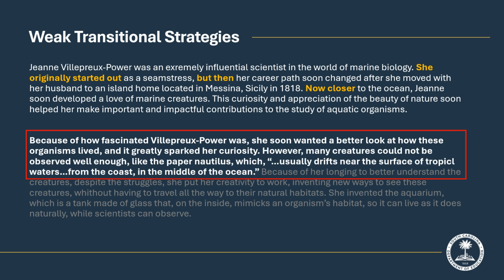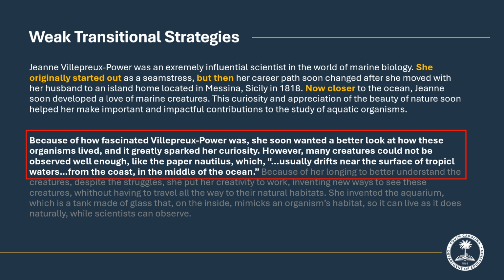Let's move to the next sentence in the red box. This sentence begins with however, which indicates a contrast of ideas. The previous sentence finished with Power's curiosity being sparked, so the reader expects a contrast because of the word however. Does the inability to see many creatures well enough contrast with Power's curiosity being sparked?